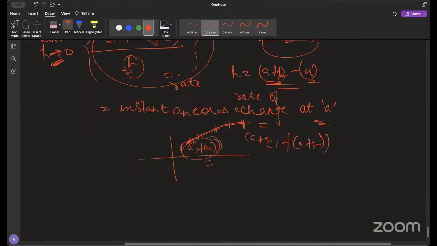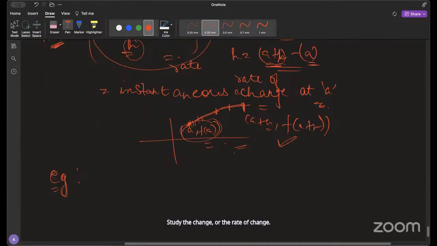Okay, so let's discuss some examples on differentiability then. That's why we discuss differentiability and derivatives, to study the change or the rate of change. That's why we've discussed all of this.